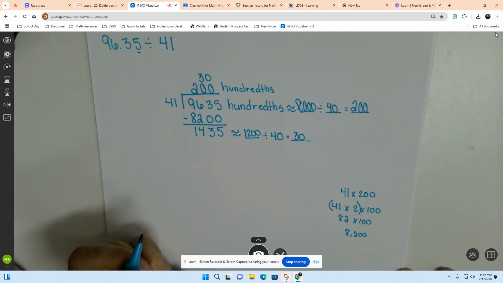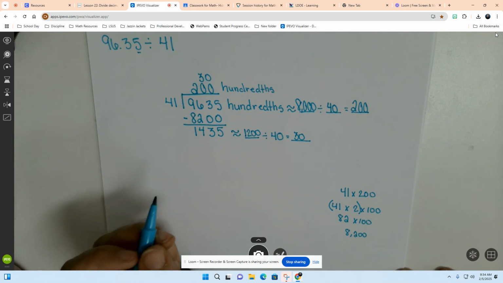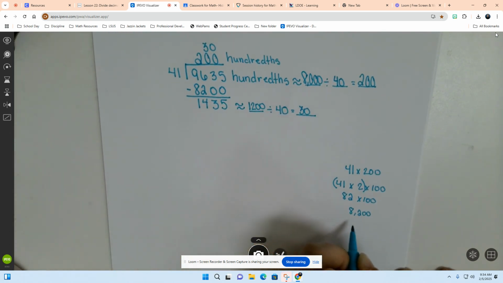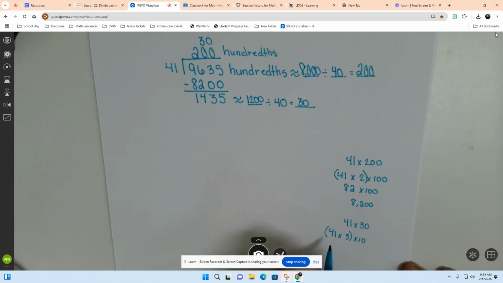What's our next step? Multiply. So this time I'm multiplying 41 times 30. What's the best way to break that apart? 3 times 10. 41 times 3 times 10. 41 times 3, anybody? 123.